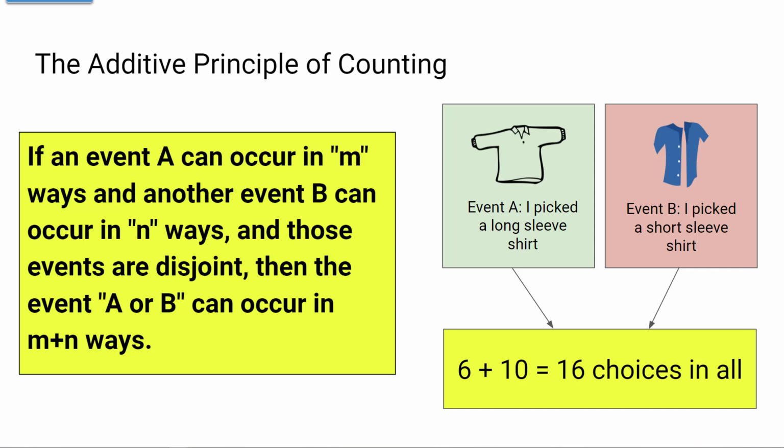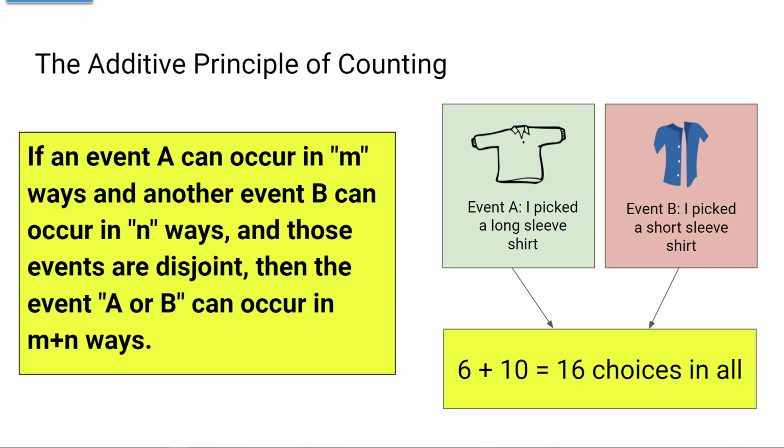First of all, an event refers to the outcome of an action. So in our example, choosing a shirt is an action with 2 possible events as outcomes. Event A is I picked a long sleeve shirt, and event B is that I picked a short sleeve shirt. And when we say 2 events are disjoint, we mean the same thing as when we say 2 sets are disjoint.